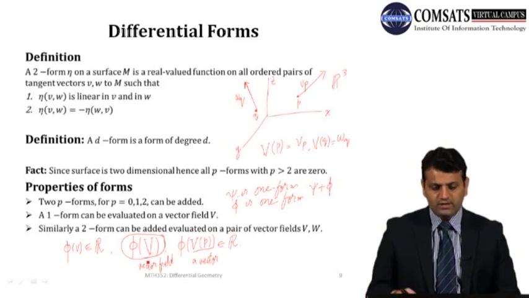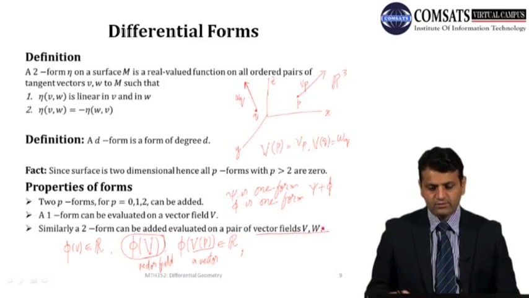Similarly, अगर मैं one form को इस तरीके से अप्लाई कर सकता हूँ on a vector field, I can apply a two form on a pair of vector fields V and W. So for example, I can define eta of V, W, where V and W are vector fields. So किसी भी point पे मैं कैसे define करूँगा?